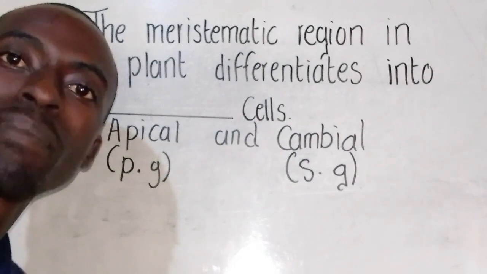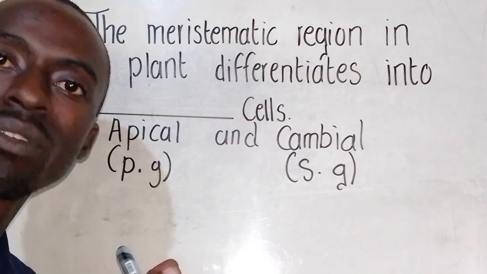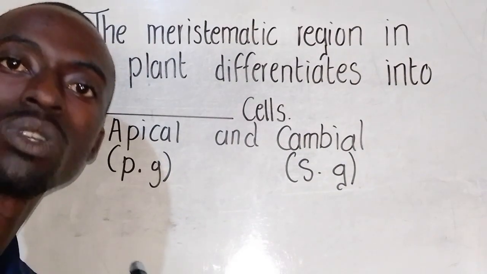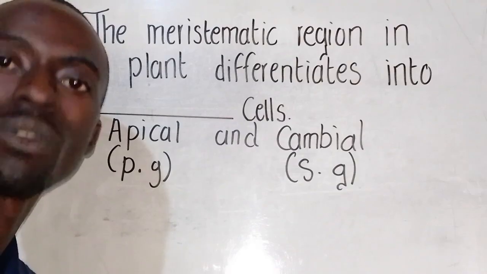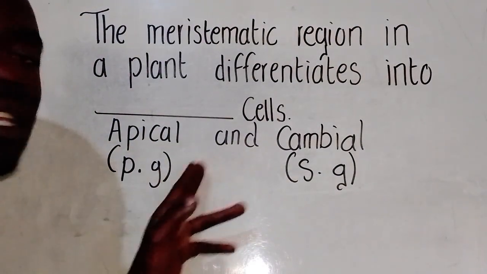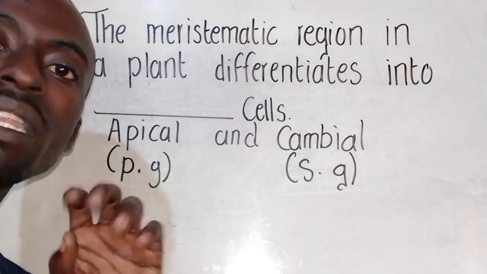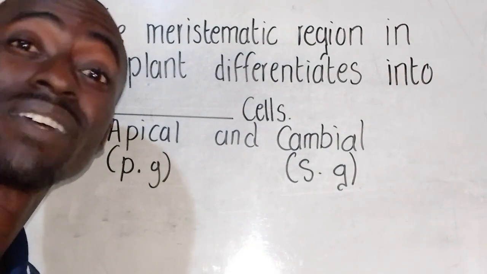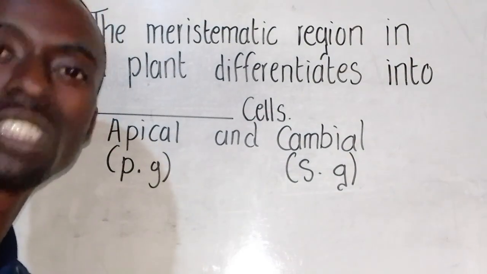The shoot is the part which grows above the soil. The root involves the part of the plant which grows downward. Under these two, there are many things which grow, one of which is known as the vascular bundle, and the ground tissue.